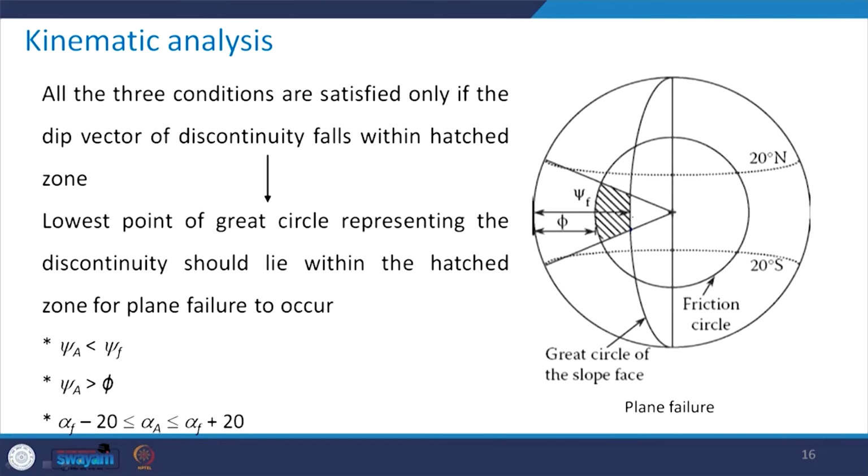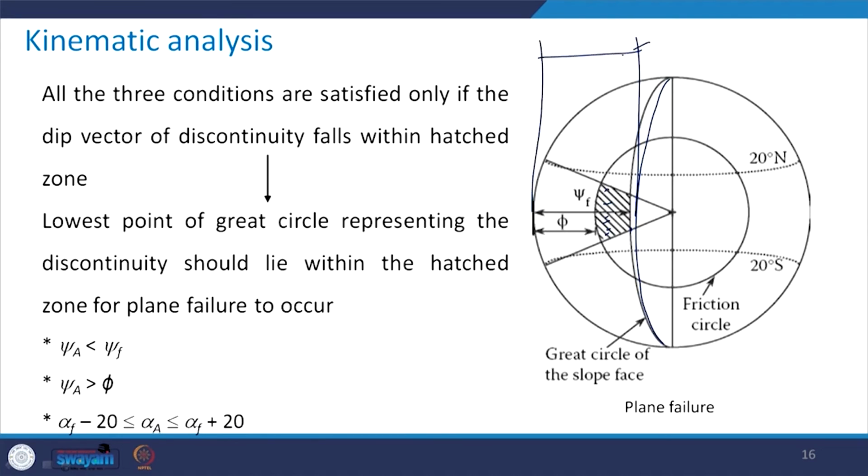Now, take a look here in this case whether this will happen or not. So, you see psi A should be less than psi F. So, if the discontinuity is there somewhere here, obviously in which case psi A will be more than psi F. If the great circle of the discontinuity is like this, then in that case what will happen?